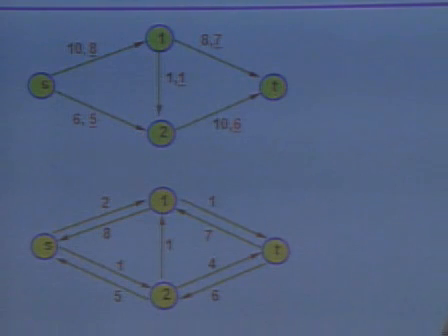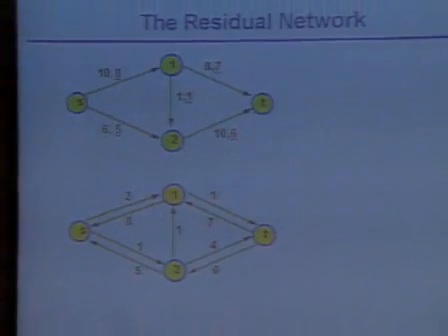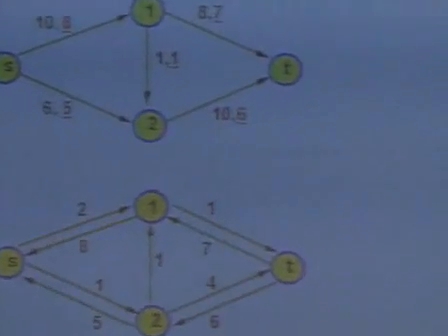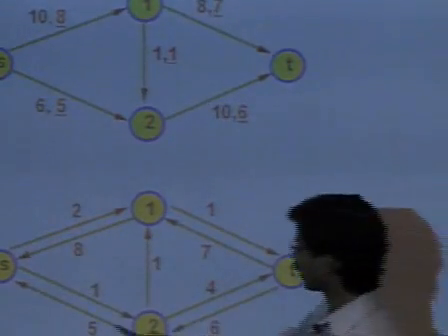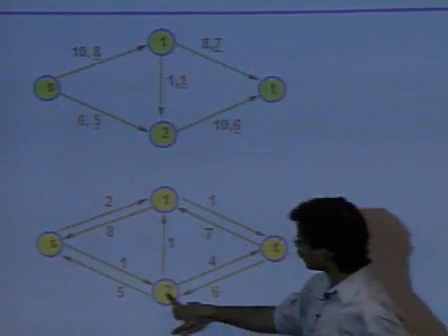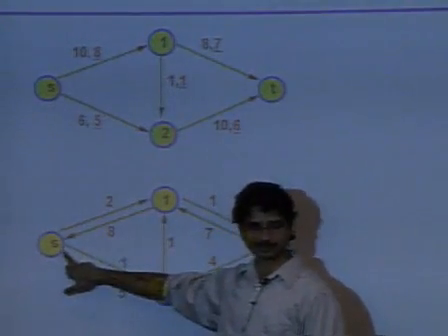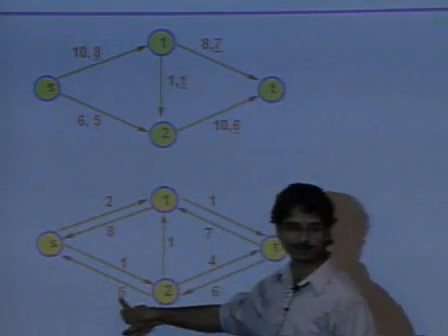So for now, keep in mind that there may be modifications of the existing flow that involve sending less on a certain arc and more on some other arcs. So far the modifications we've looked at always increase the flow along an arc, but there could be situations where you may have to decrease the flow along certain arcs. And for that reason, there's a backward arc. This goes from 2 to S with capacity 5.